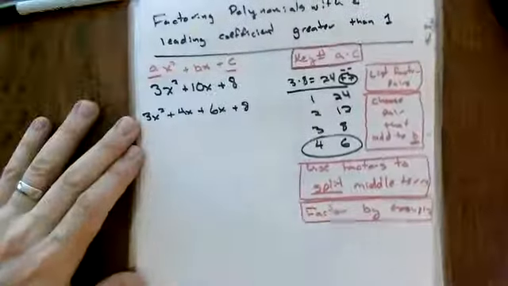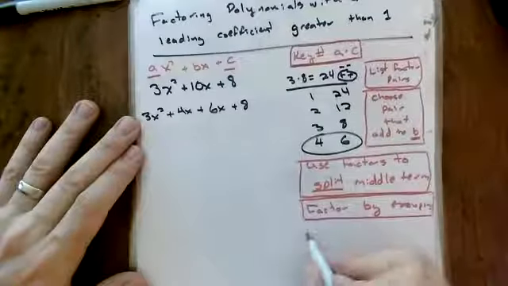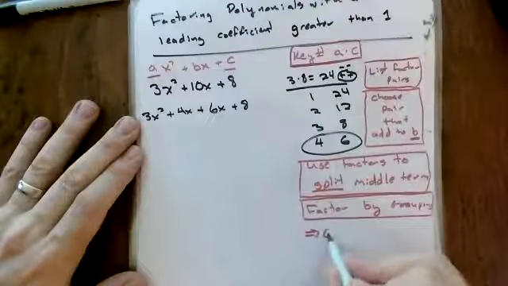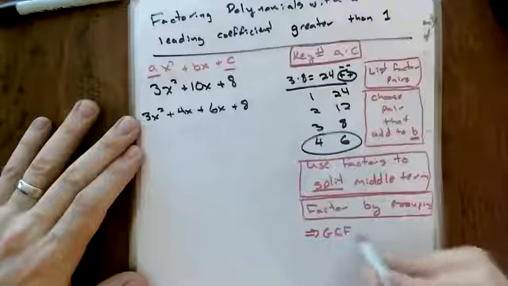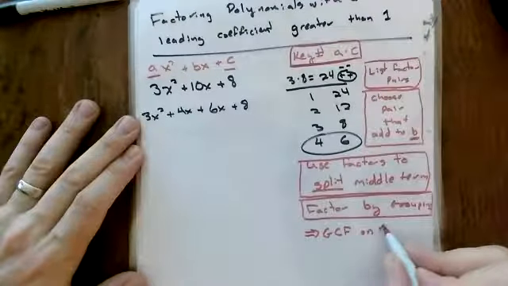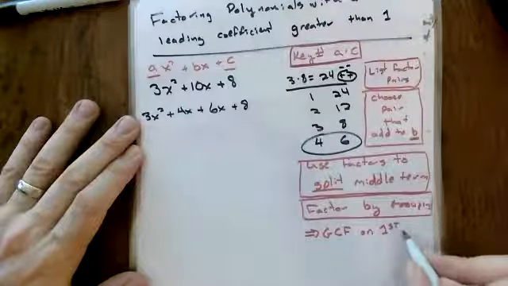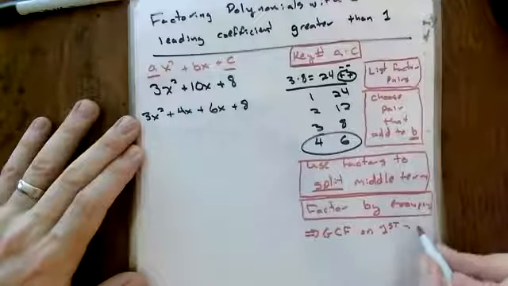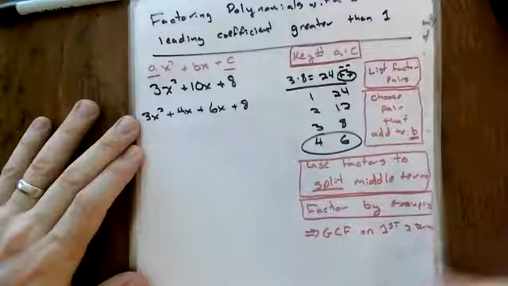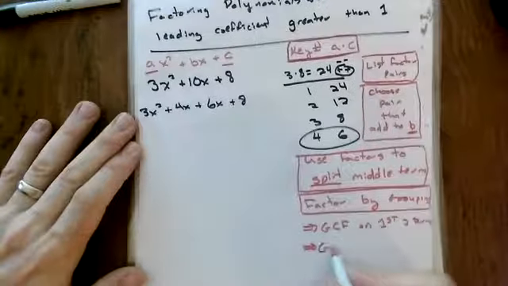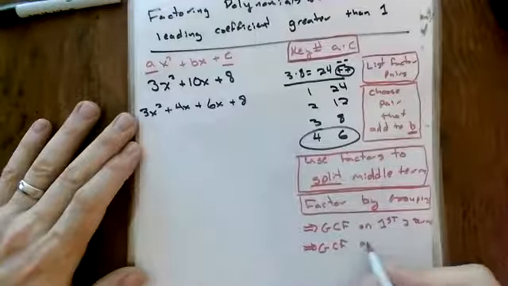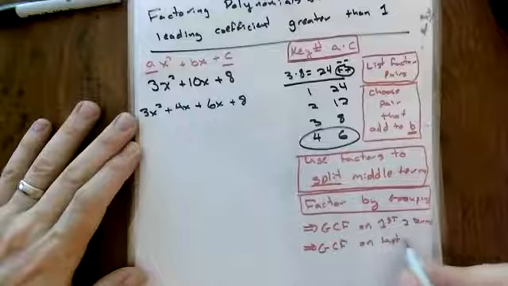So when we're factoring by grouping, here's what we're going to do. We're going to do greatest common factor factoring on the first two terms. We're going to do greatest common factor factoring on the last two terms.